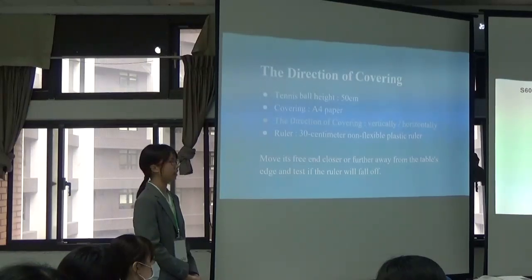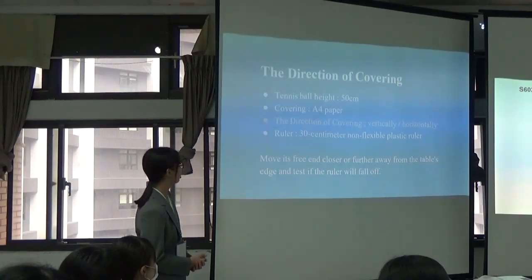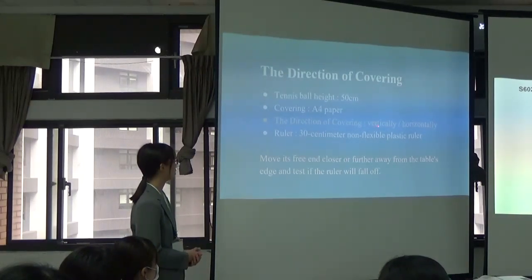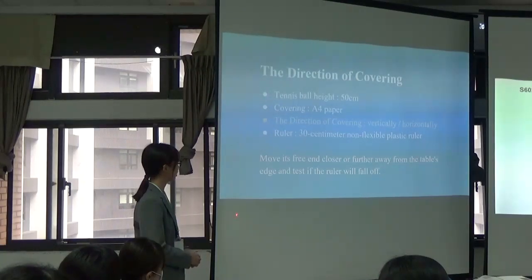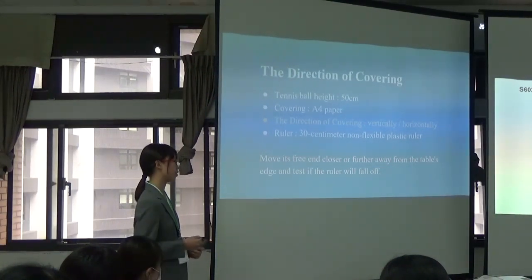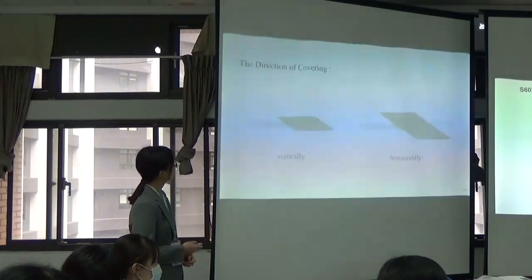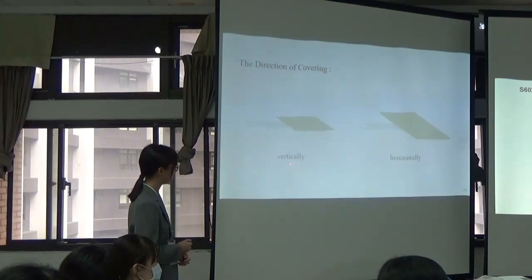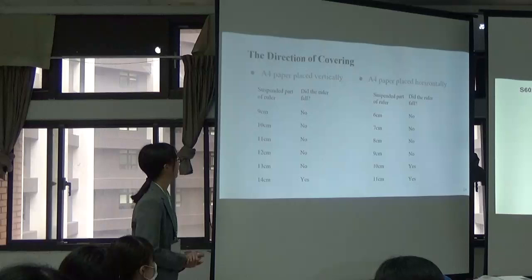And the third one is we change the direction of our covering, vertically or horizontally. We also move the free end of the ruler closer to or further away from the edge of the table and test if it will fall off. Again, this is vertical and this is horizontal. Here's our data.